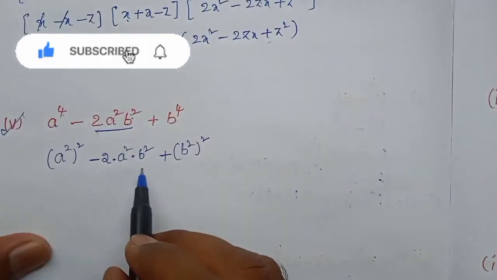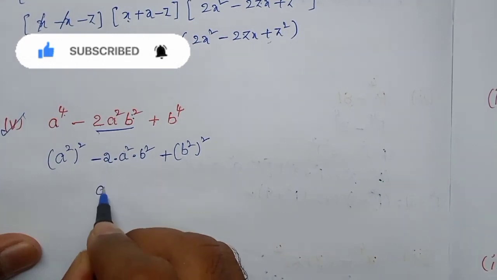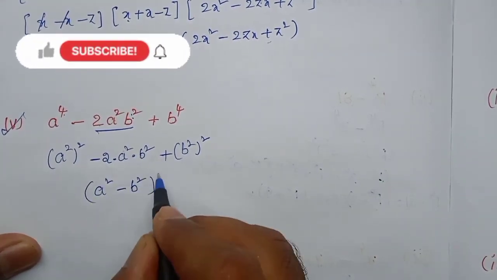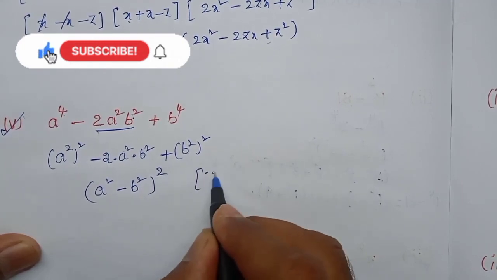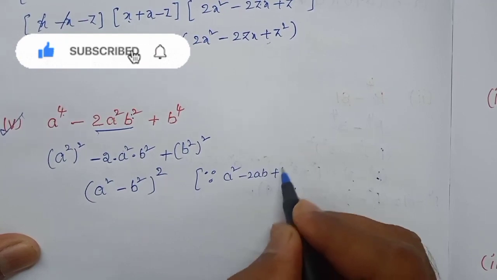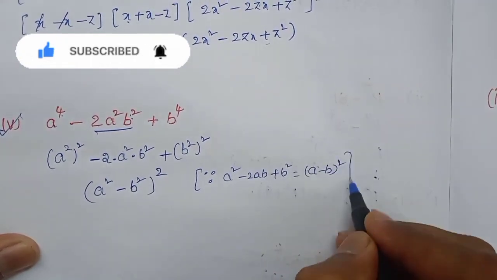It is clearly in the form of a minus b whole square. So because of that identity, you can write this as a square minus b square whole square. Because of the identity, a square minus 2ab plus b square is equal to a minus b whole square.